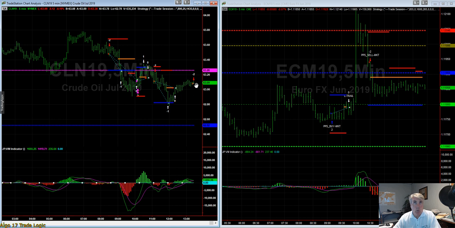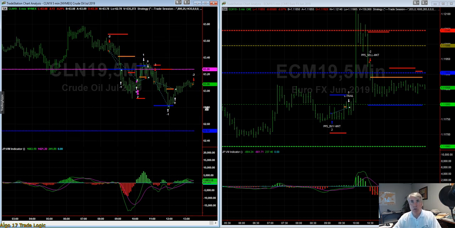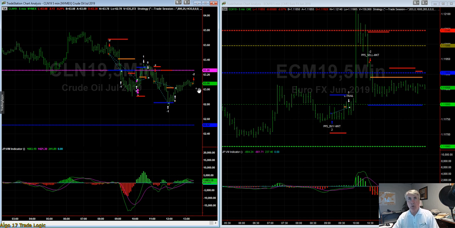So leaning with the trend is always a good thing, right? What I'd like to see is more volume coming in, supporting that downside. What does that mean? The histogram should turn red, and it won't do it for another bar or two. So right now we're just scraping by at break even on this trade, short at 63.08.